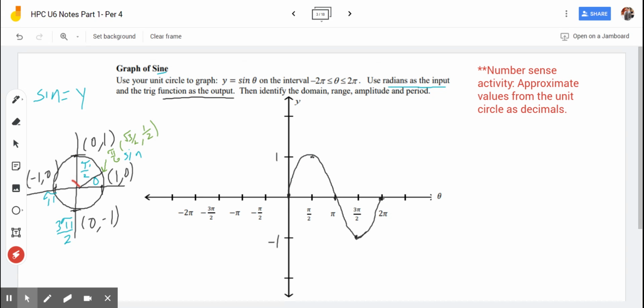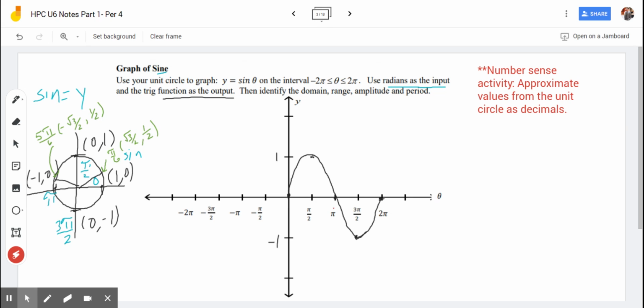Then on the opposite end, let's recall from symmetry that we're going to have negative radical 3 over 2 and then positive 1/2. Again, think about what 5 pi over 6 is as a decimal. Some mental math: 5 times 3 is about 15, and 15 divided by 6 is about 2.5.